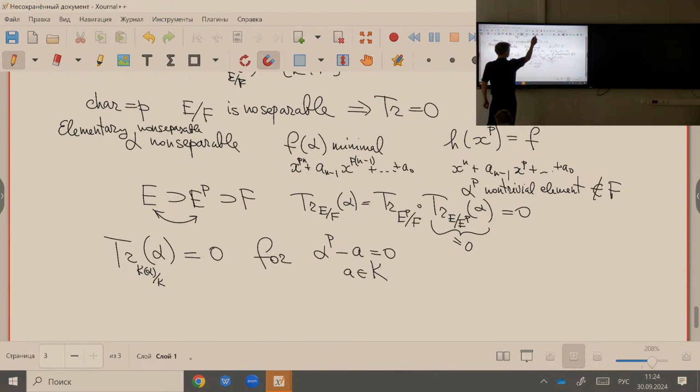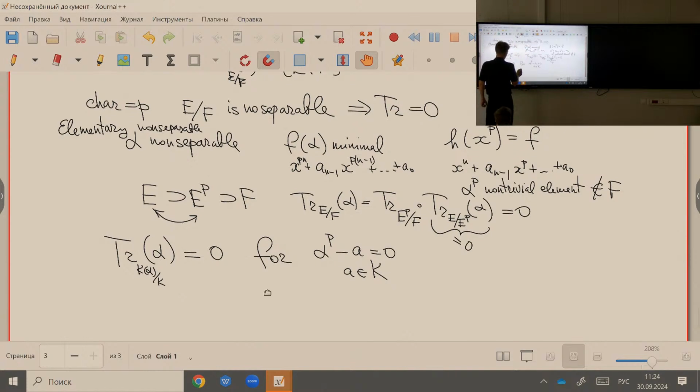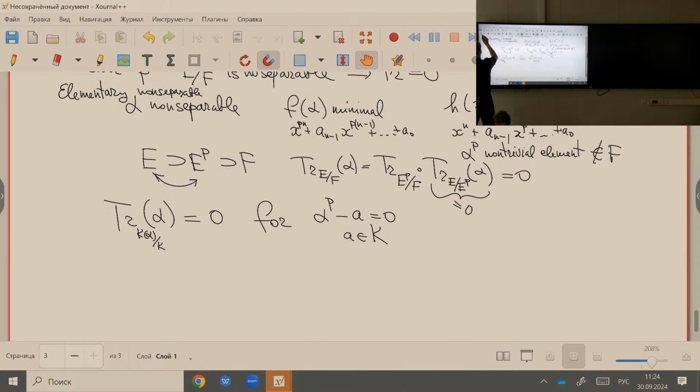So, if you have a non-separable extension, then it factors through the extension which is extracting p-th roots, and this is precisely what we have seen here. So p-th roots of elements, and so, remark.